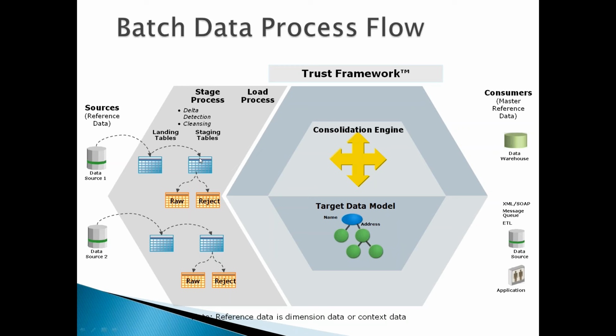Next time we truncate the landing table, load fresh data, and run the stage process again. At that time it will compare the landing table and the PRL table, the previous landing table, and check whether any of the data has been loaded previously or not. If it finds that the data has been loaded previously, it will skip that data and process only the new or changed records.